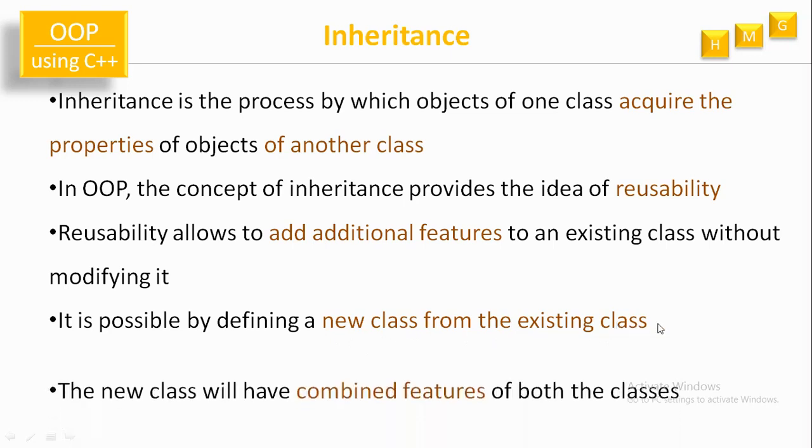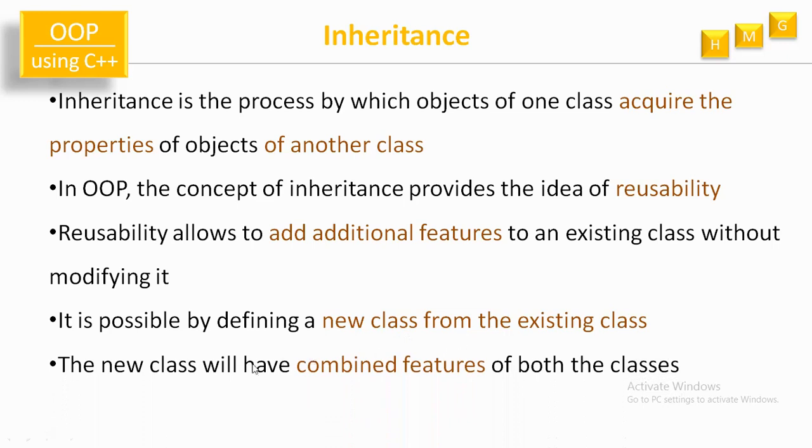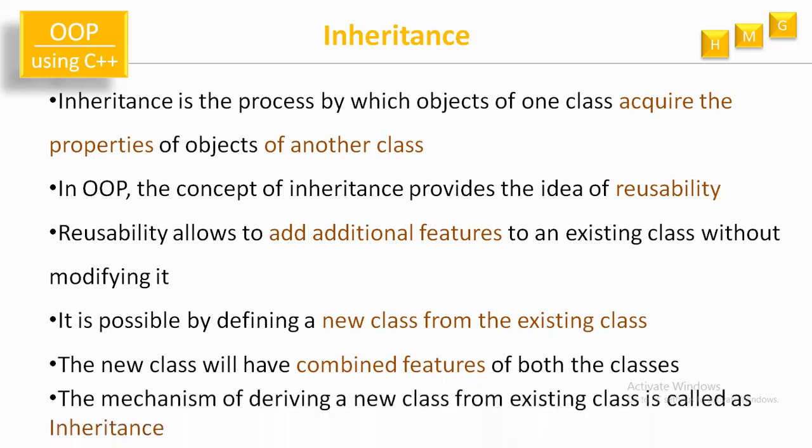That is happening due to inheritance. In this way, the new class will have the combined features of both classes, that is the features of the existing class plus the features of the new class. So this is the effect of inheritance.